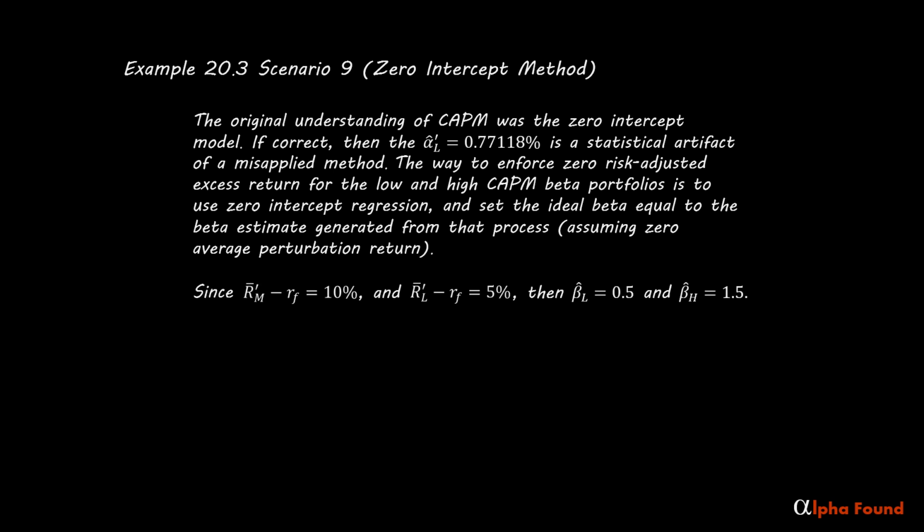Since average excess market return is 10% and average excess return on the low CAPM beta portfolio is 5%, then the estimated low ideal beta is 0.5 and the estimated high ideal beta is 1.5.